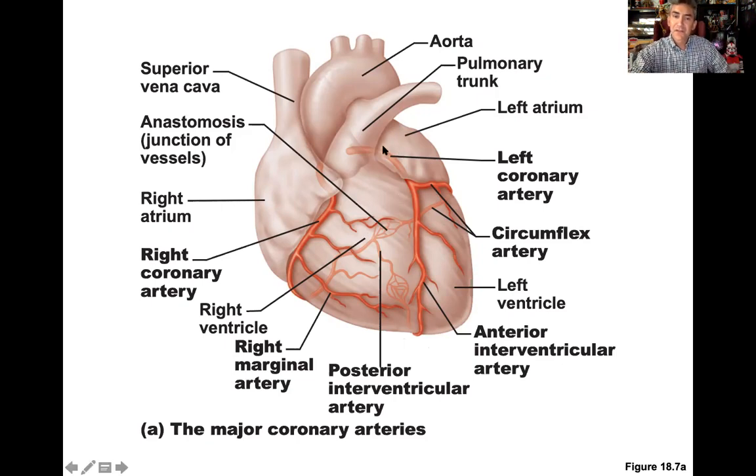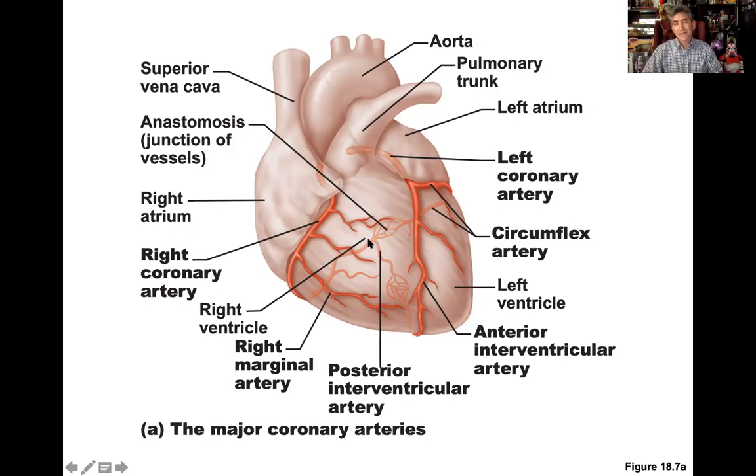So this is going to be a branch off the left coronary. We start with left coronary, continue down into the anterior intraventricular. And then as we branch this way, we start our circumflex around to the back of the heart there. On the right, we have our right coronary. And then on the anterior side, the marginal. And again, in the back, we have the posterior intraventricular artery.